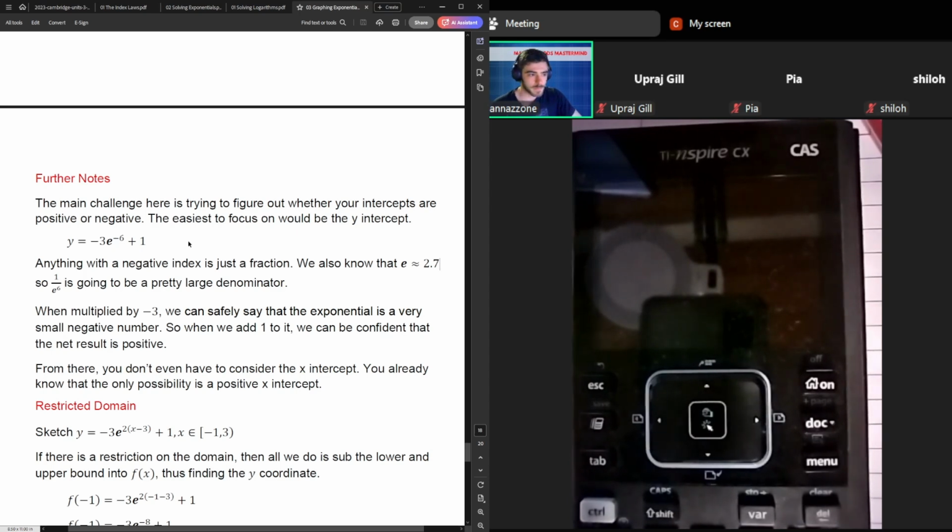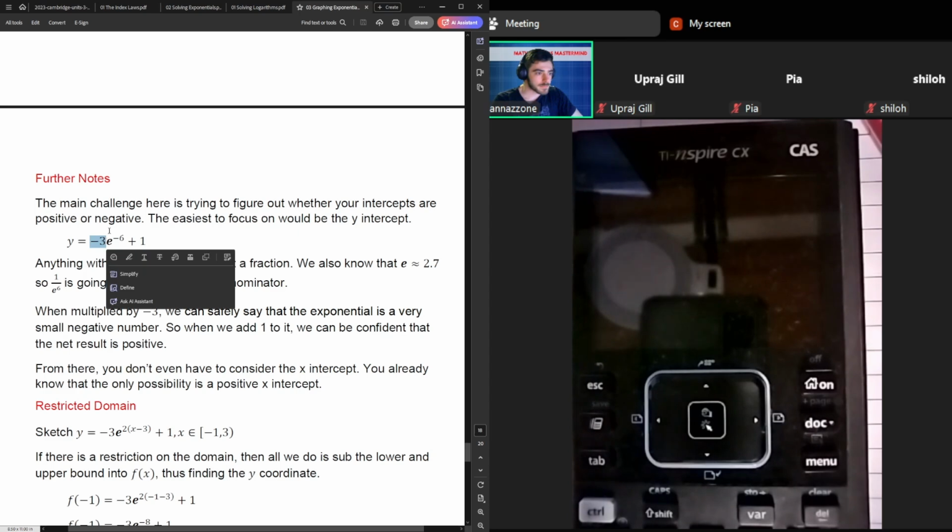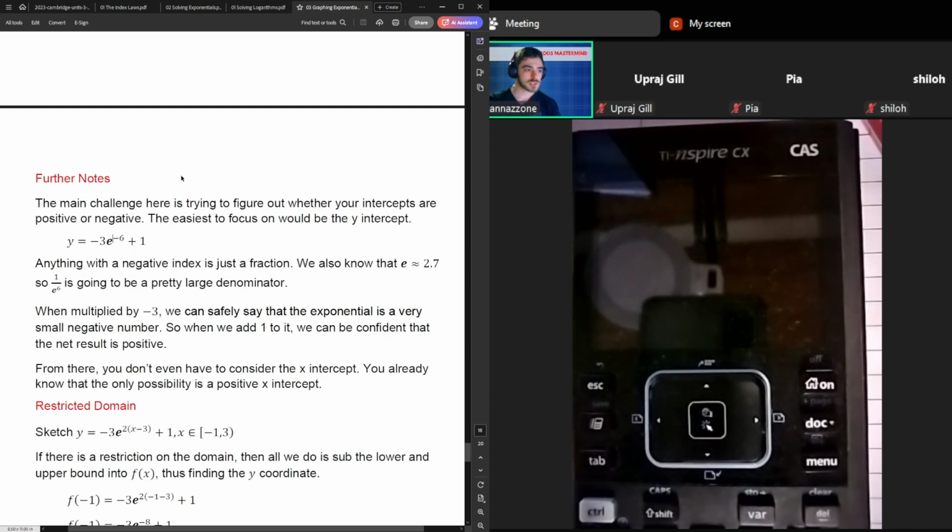Fairly big denominator. Multiplying it by -3 isn't going to do a whole lot. It's going to make it negative, firstly, but the multiplication by 3 isn't really going to do a whole lot as far as the actual number is concerned. So when you have a really small negative number plus 1, it's going to be positive. So you basically look at the relative impact of both terms, you compare which one should be dominant, and from there you can tell whether it's positive or negative.